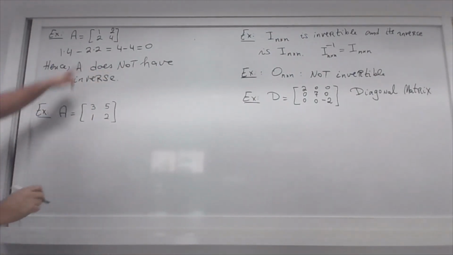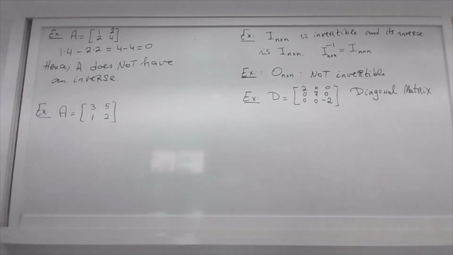Why? Because the determinant is 0. That's why. So you see, you have a cute matrix. There's nothing wrong with it. It just doesn't have an inverse. So a matrix does not need to have an inverse, but if it has an inverse, it's cute.